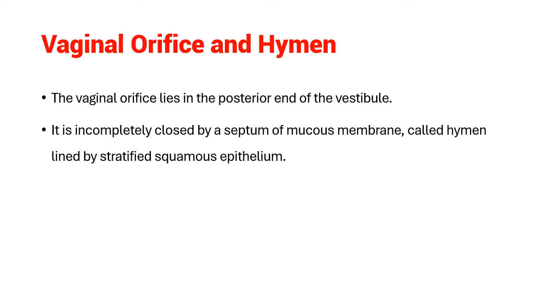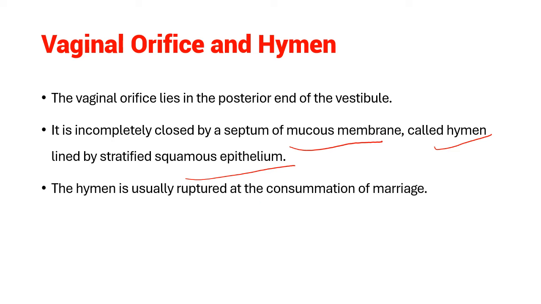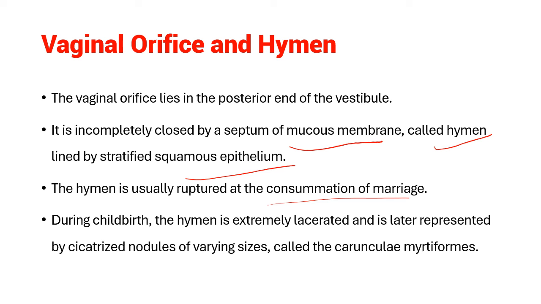It is incompletely closed by a septum of mucous membrane called the hymen, lined by stratified squamous epithelium. The hymen is usually ruptured at the consummation of marriage. During childbirth, the hymen is injured and torn, and later results in scar formation termed carunculae myrtiformes.